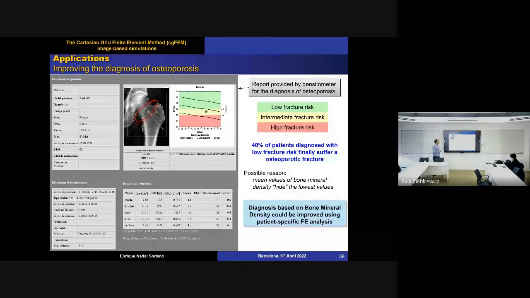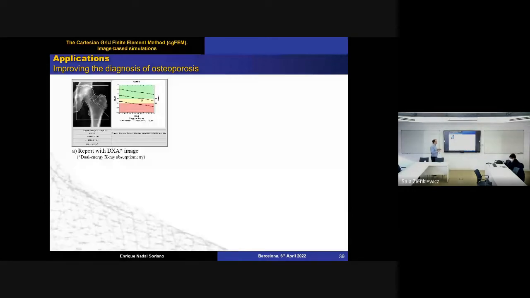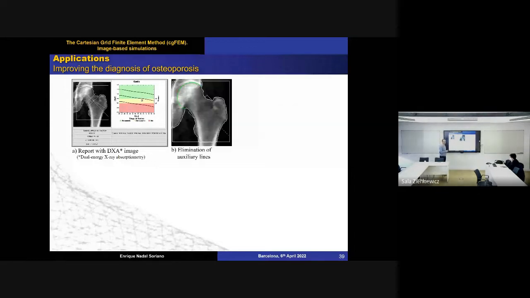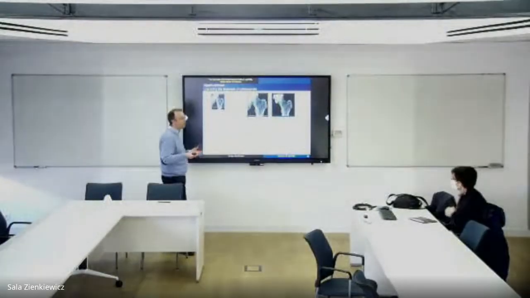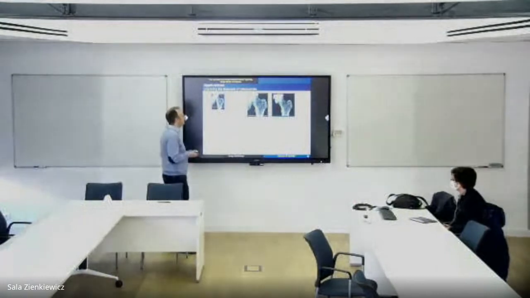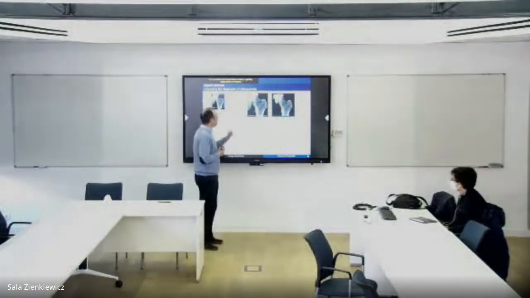What we propose is to use the Cartesian grid finite element method for medical images, and we just eliminate the regions that are not of interest. We can apply a load, since the load is far from the neck.